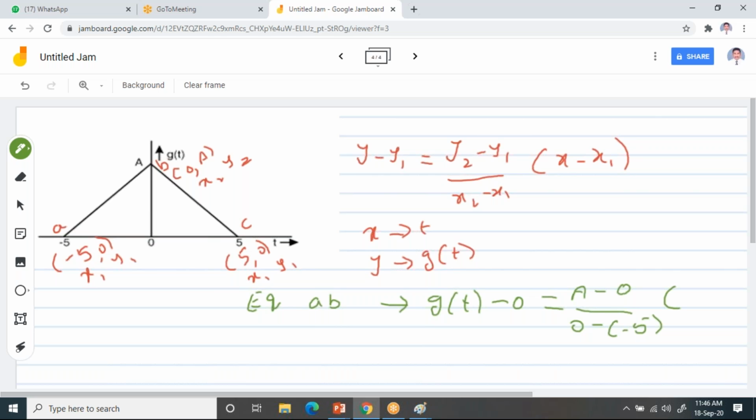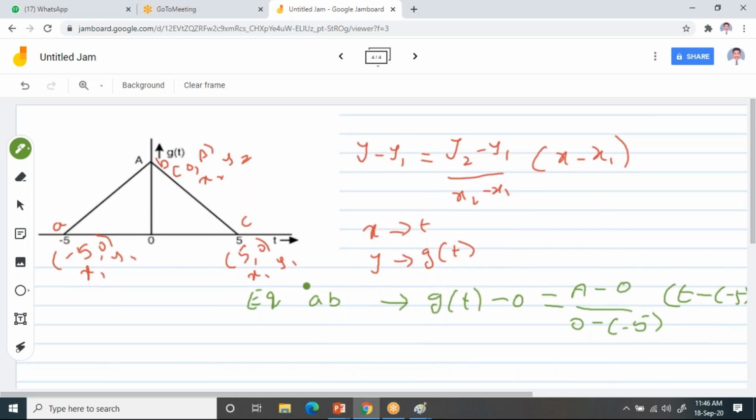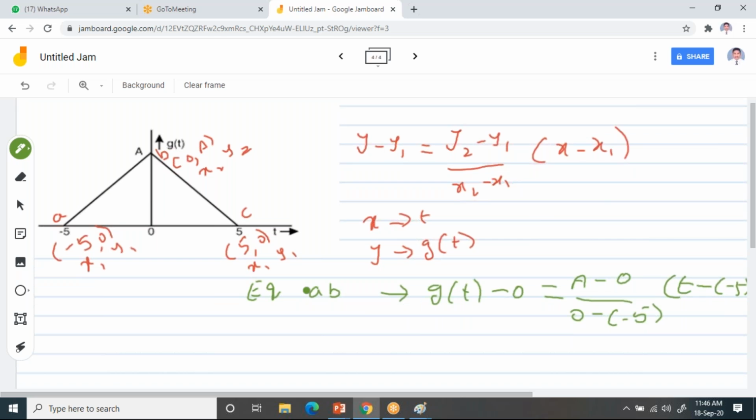Now my x-axis is the time scale, so I can write x as t. The coordinate x1 is minus 5, so I can write minus of minus 5. This is my equation of AB. If you simplify this, g of t is equal to a by 5, since minus of minus 5 becomes plus 5, into t plus 5.